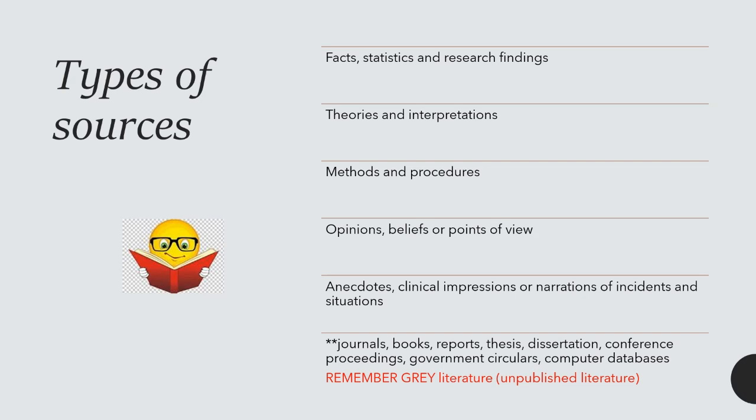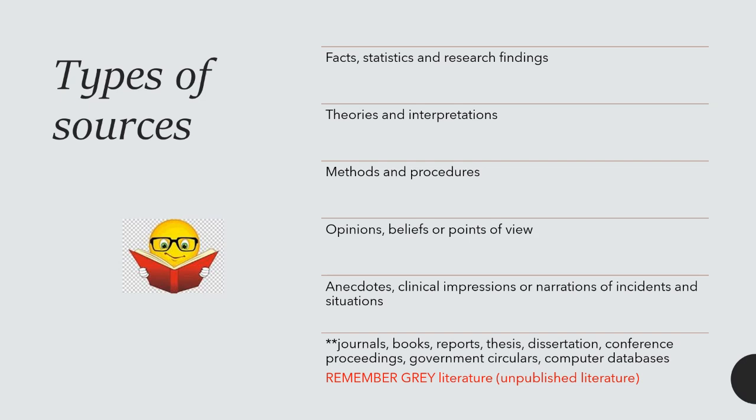So when we look at our scientific resources, they are often in journals, books, reports, theses, dissertations, conference proceedings. And we get those from our databases. Government circulars are also seen as a credible source.